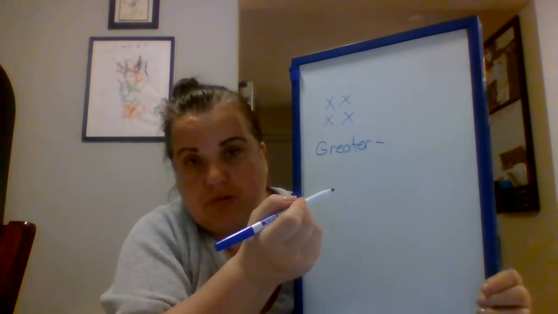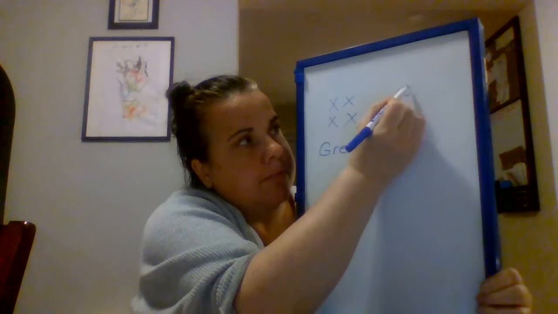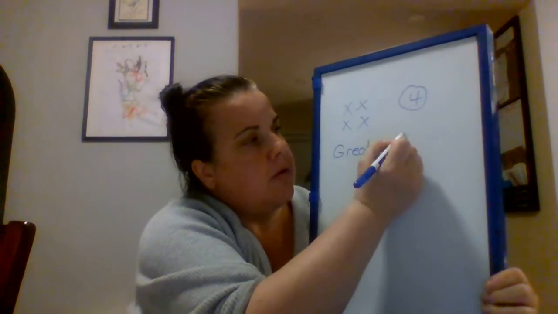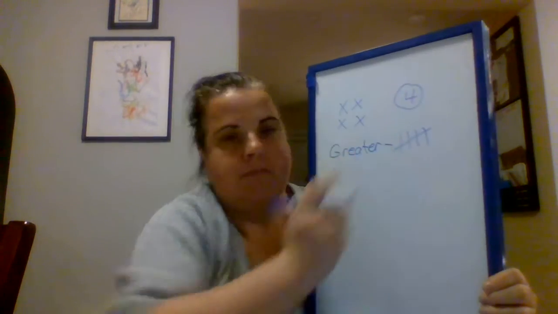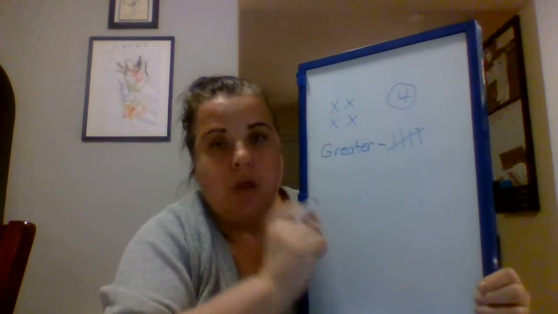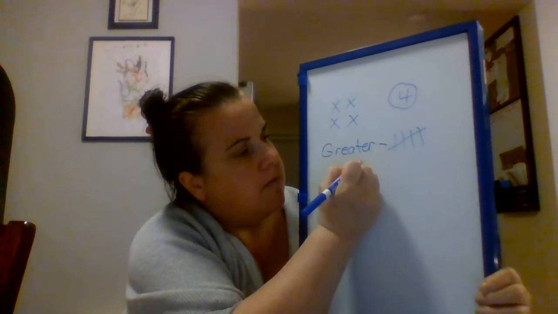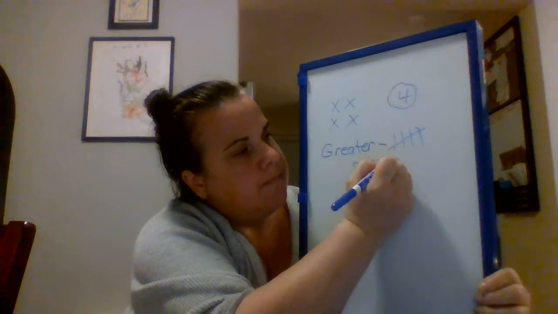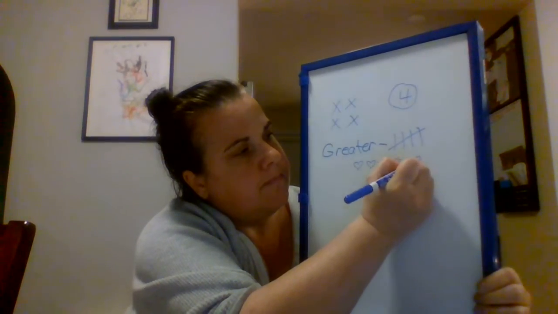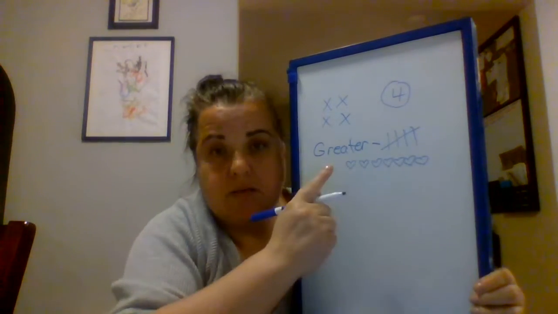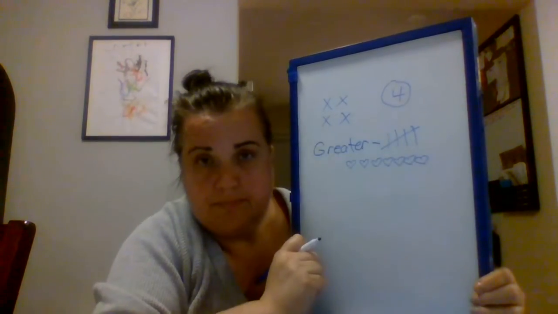So how many are in that picture? 4, correct. So a picture you could draw me could be 5. 5 is greater than 4. You could draw me 7. 7 is greater than 4.